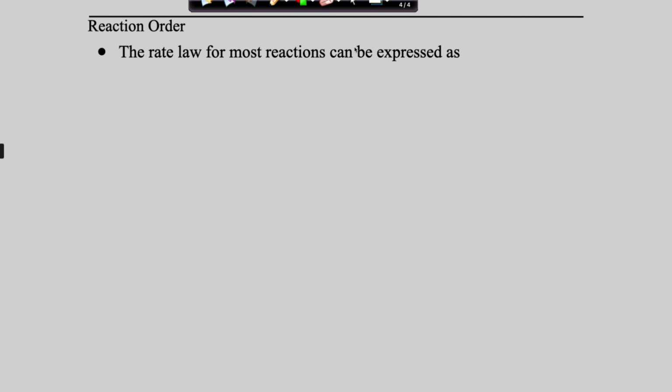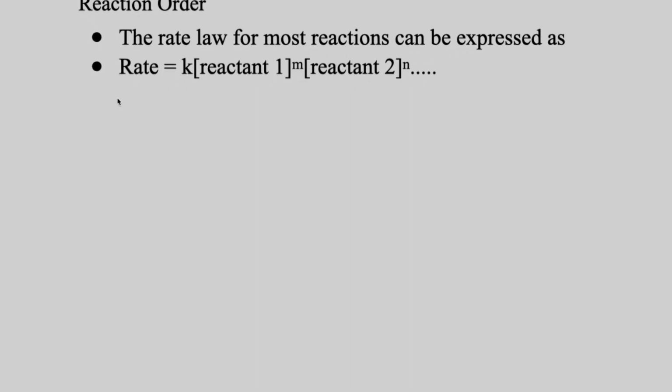This is the general form for rate law in its entirety. Rate is equal to K times the molarity of reactant 1 raised to the m power times the concentration of reactant 2 raised to the n power.